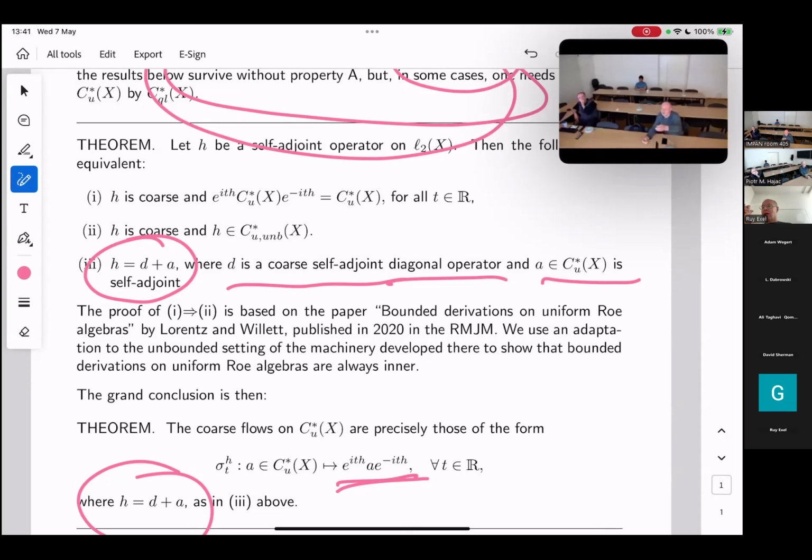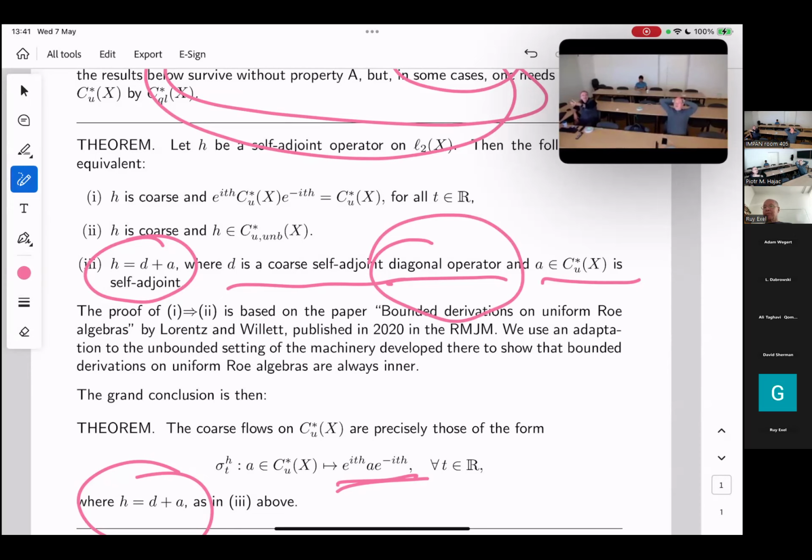Because all elements of type D are elements of type A. Maybe I don't understand the self-adjointness of this D. No, D is possibly unbounded. Exactly, it's unbounded. Ah, so this is more okay.